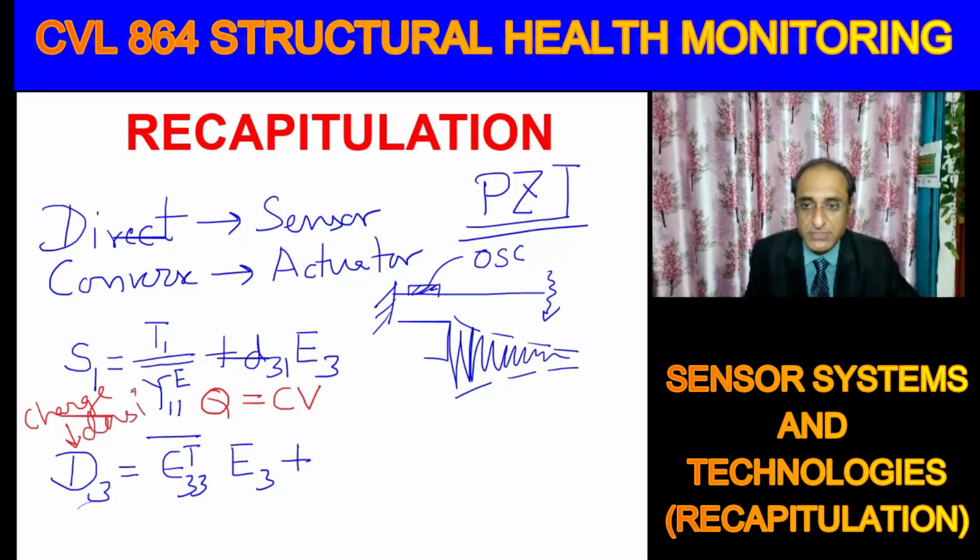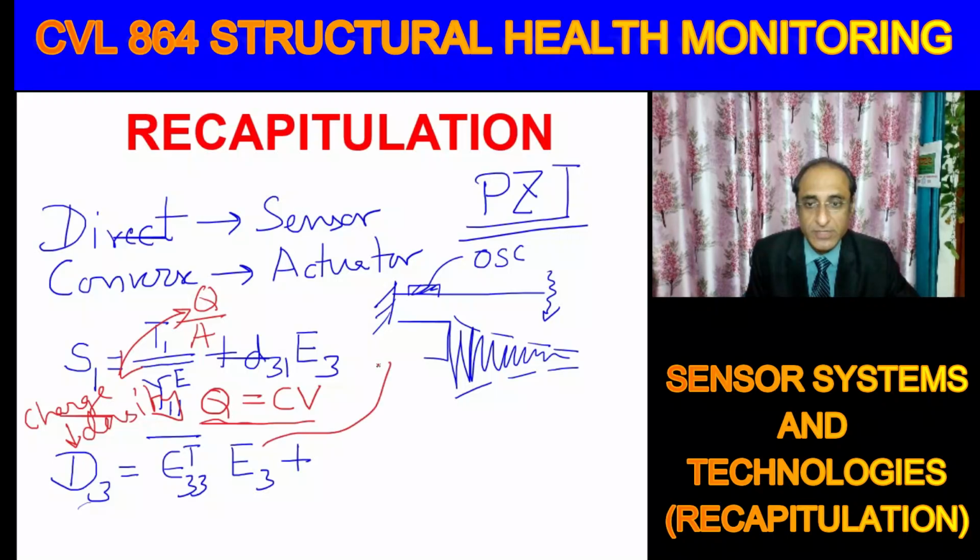What do you mean by charge density? Charge density is basically Q divided by the area, the surface area. Okay. So from Q equal to CV, you can derive this equation.